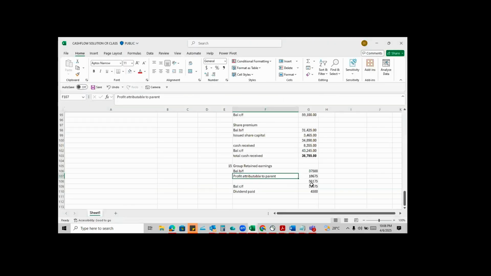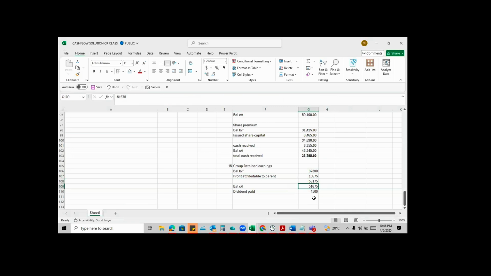Meaning that if that is the only thing that caused movement, my balance should be the addition of these two. All right, but that is not the balance. The balance is rather 51,675, a reduced amount.